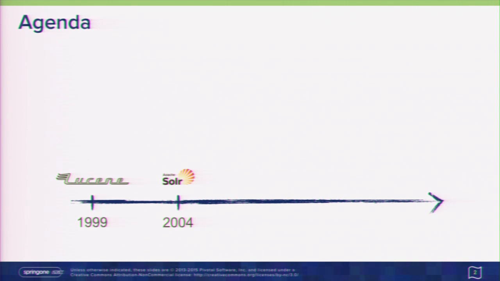So basically 2004, Apache Solr was released. This added basically a server component around the Lucene search technology. So from that time on, we were basically able to access search via a dedicated component within our infrastructure.